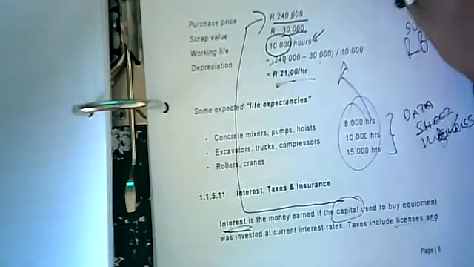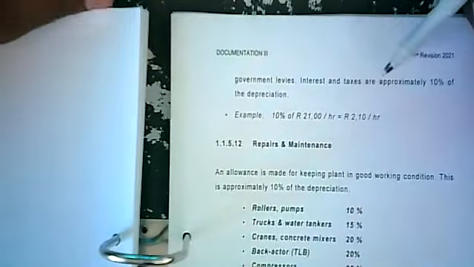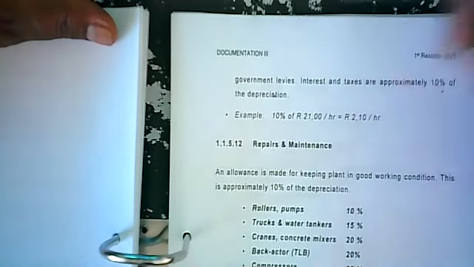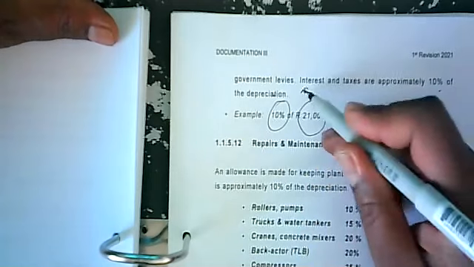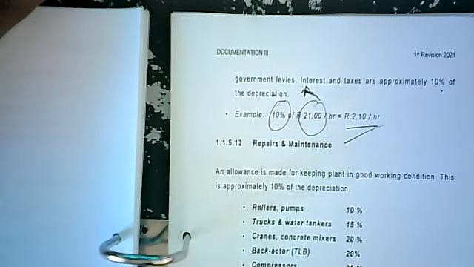Taxes include licenses and government levies. Interest and taxes are approximately 10% of the depreciation. So we're taking 10% of 21 Rand from the previous page, and we say our interest and taxes is 2 Rand 10 cents per hour for the duration of the life of that vehicle.